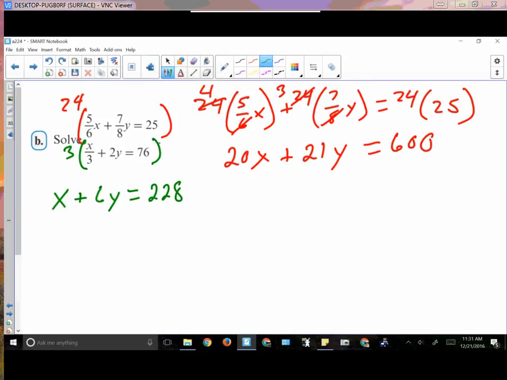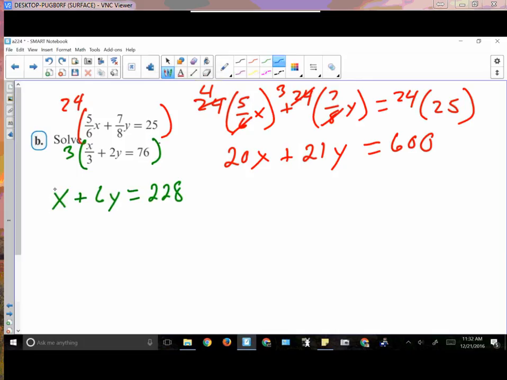So, now, my question is for you. I need to get a variable with the same coefficient with opposite signs. What would be a good one to attack? Would the y's be a good thing to go after? Well, I got a 6 and a 21. That kind of looks ugly, right? Would the x's be a better one to go after? And the answer here is yes.